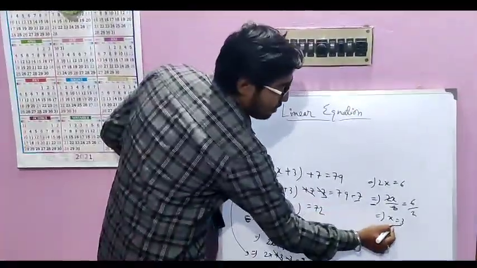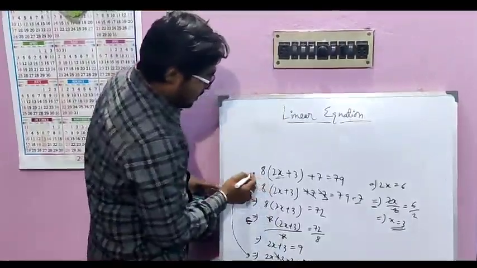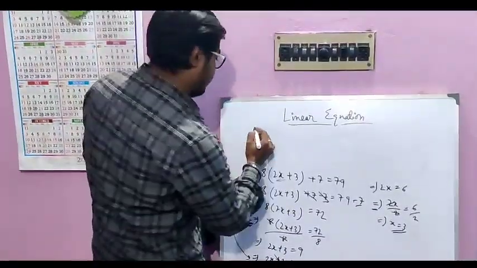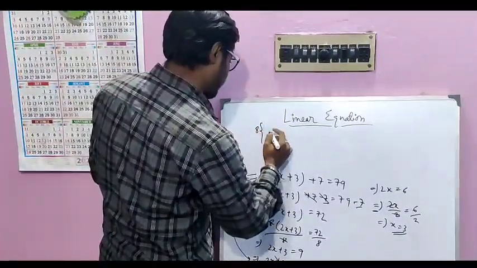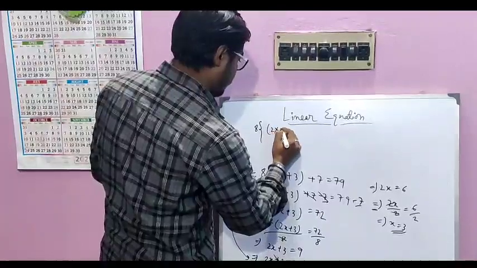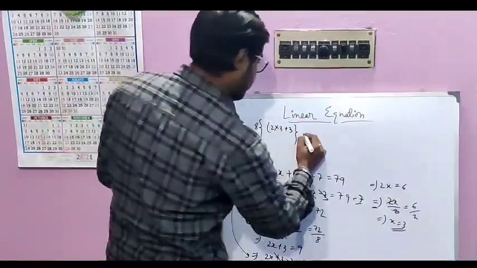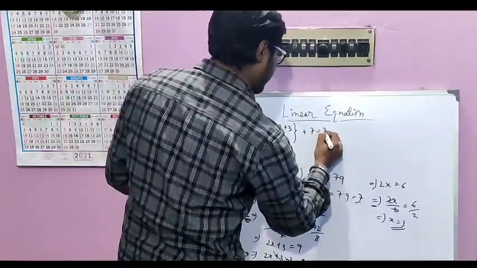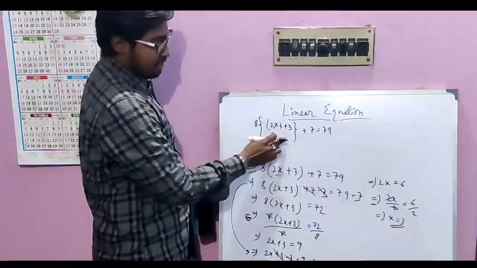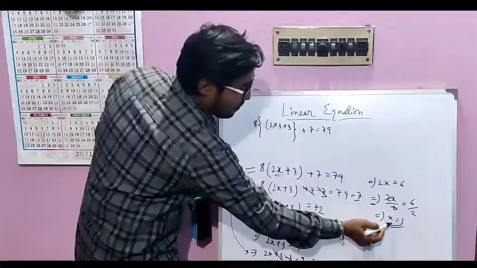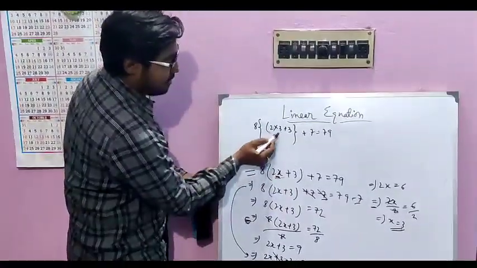Now we will put this value of x in the main equation. Here you can see I have put the value of x, that is 3, in this equation.